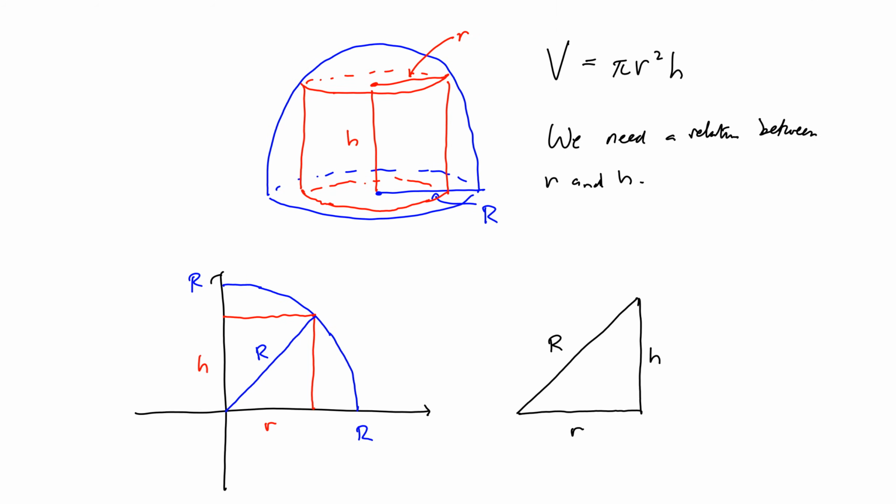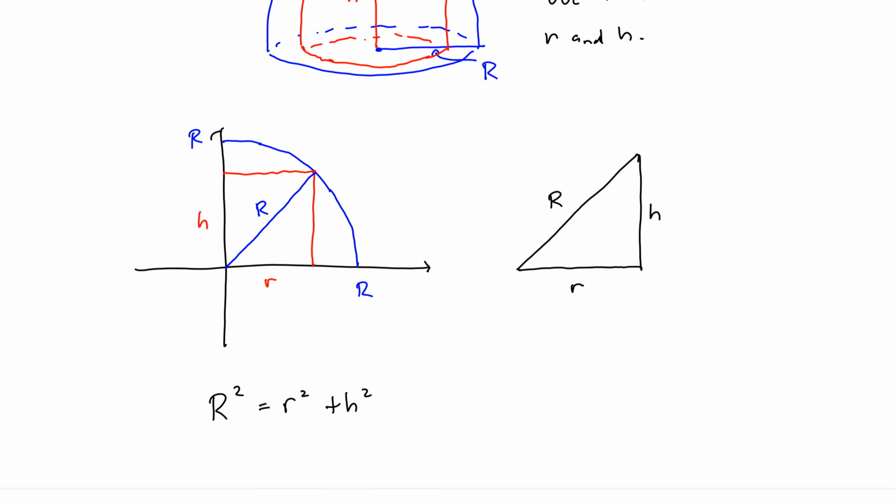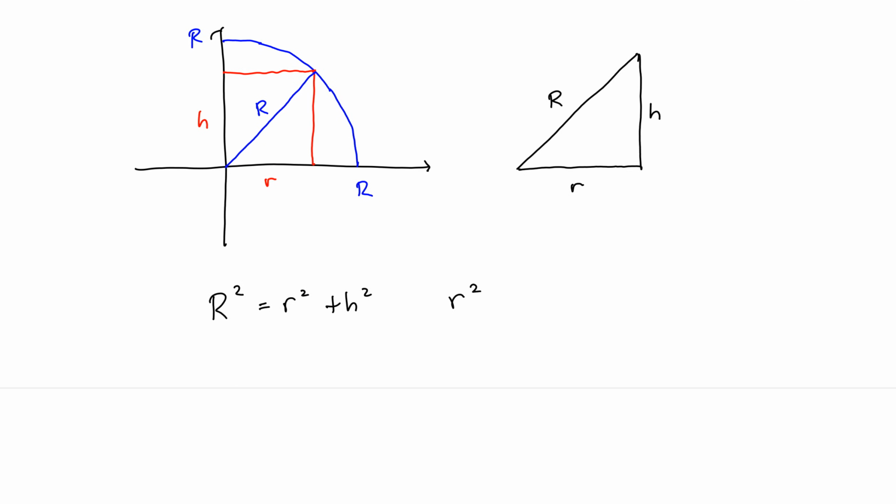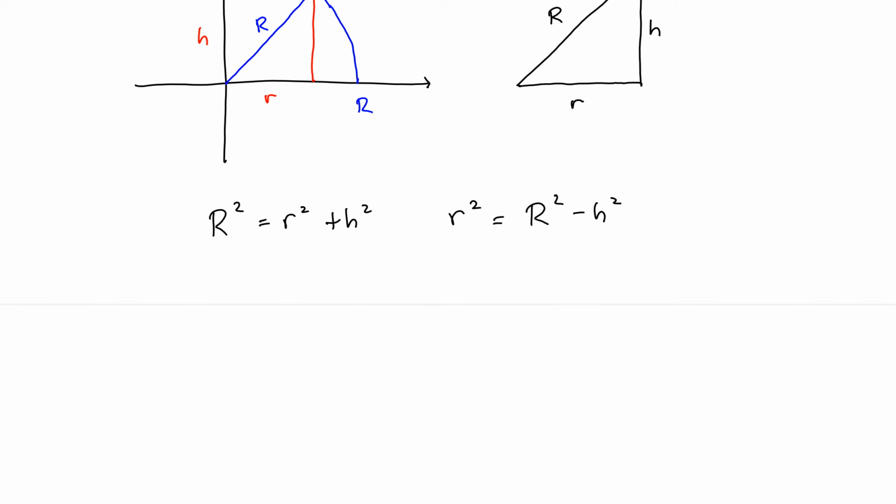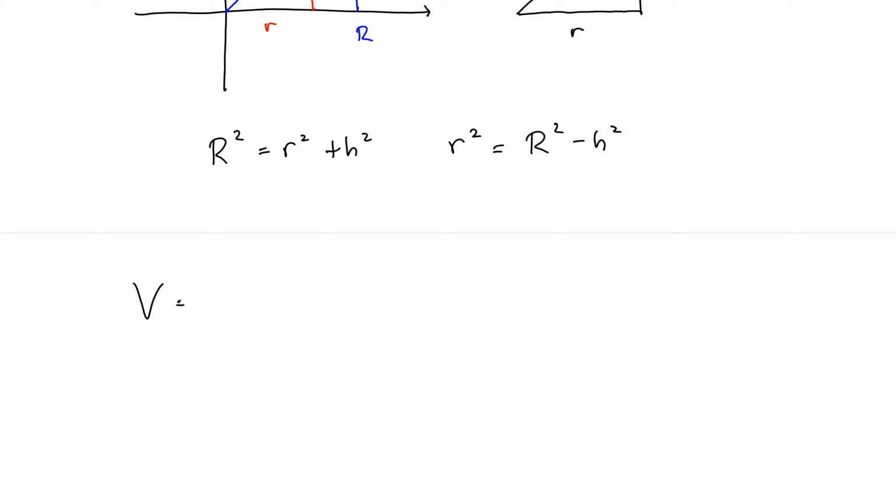And notice in our equation up here for the volume, we have an r squared. So if we solve this for little r squared, I get big R squared minus h squared. So I can plug that in and rewrite the volume, which was pi r squared h, as pi times big R squared minus h squared, times h.